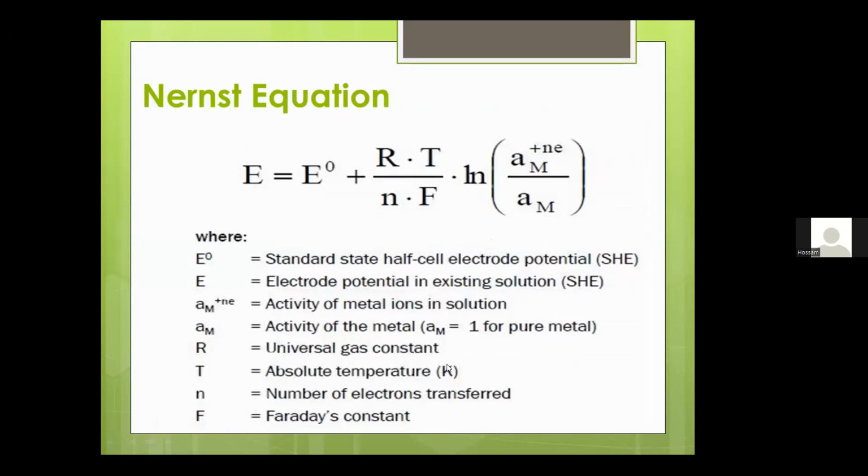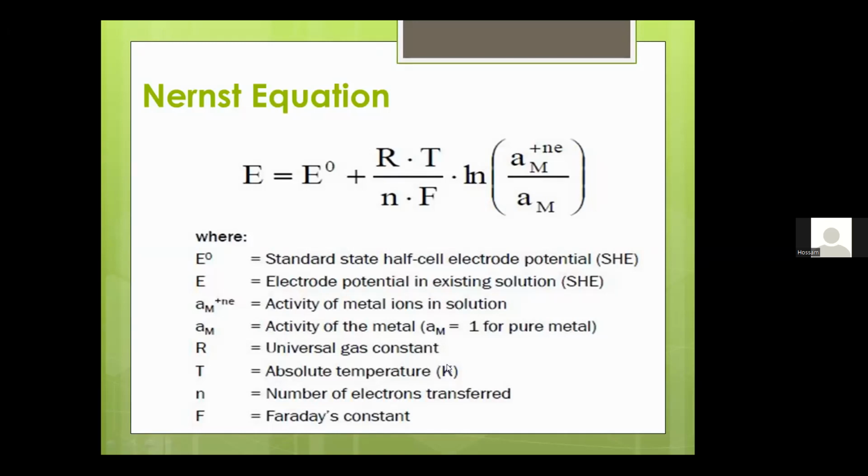Nernst equation expresses the exact electromotive force of a cell in terms of the activities of the products and reactants of the cell. It demonstrates how the metal ion concentration in the electrolyte affects the potential of the electrode.